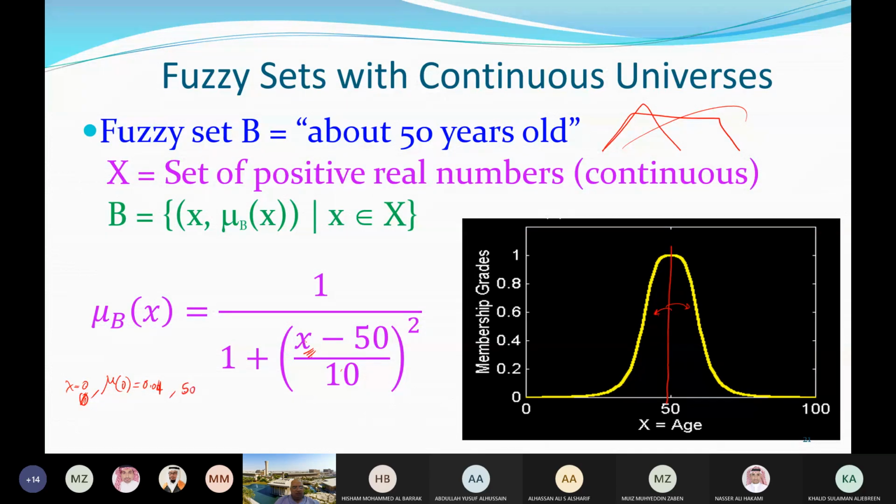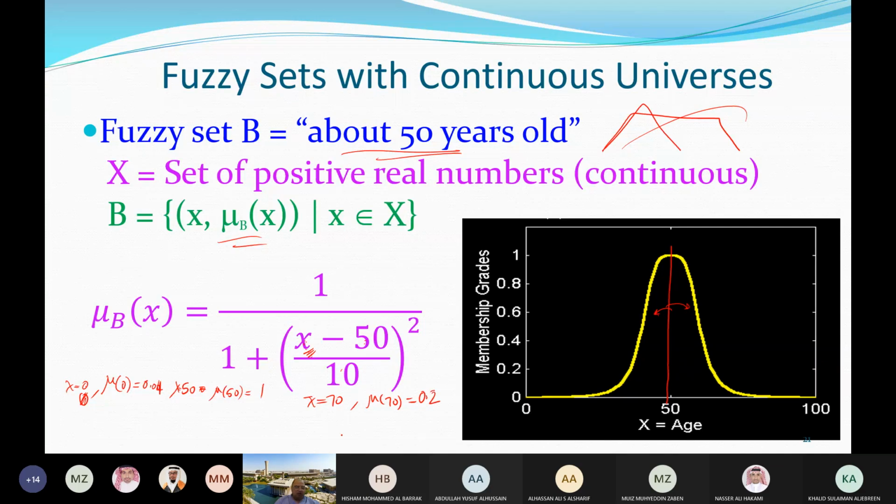If x equal to 50, then mu of 50 equals 1. If x equal to 70, then mu of 70 with respect to this set as defined before: 70 minus 50, 20 over 10, 2 squared, 4 plus 1, 5, 1 over 5 equal to 0.2.